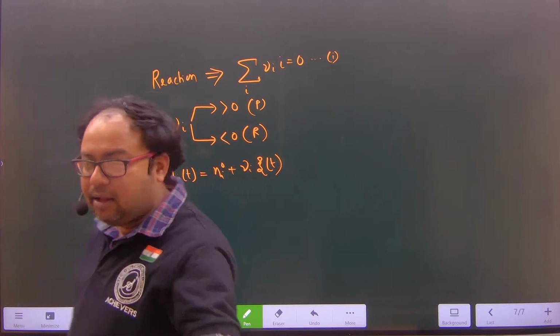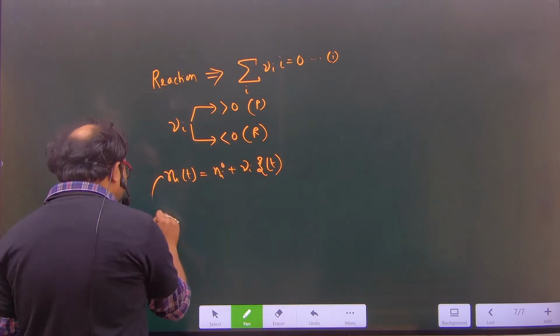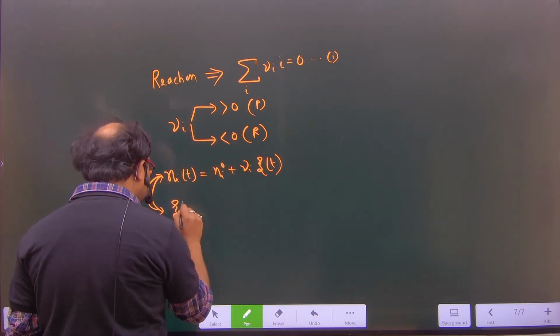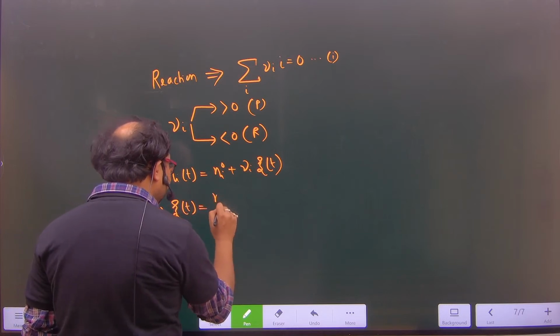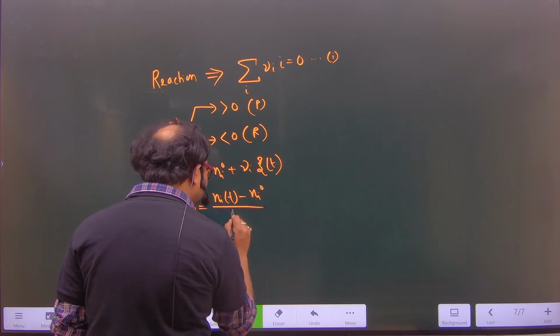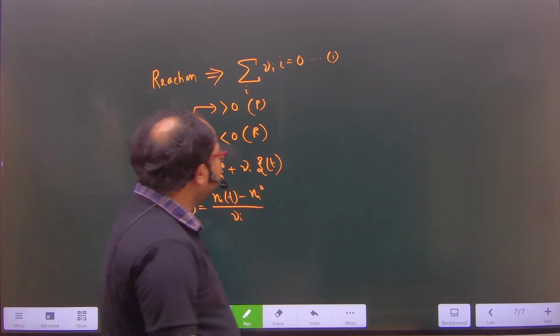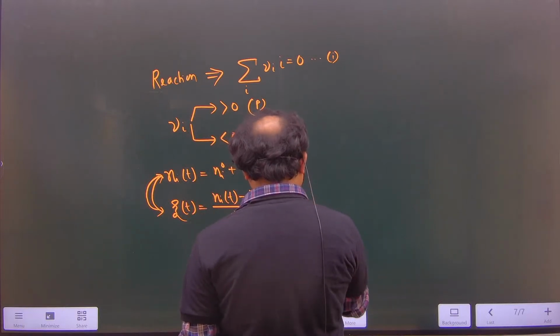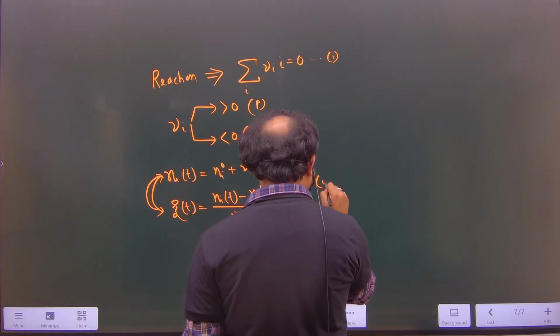For that purpose, we have rewritten this equation as Xi(t) equal to Ni(t) minus Ni naught divided by nu i. So this is our equation number 2.